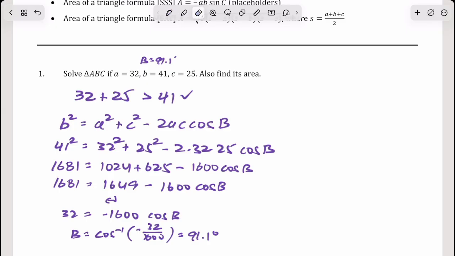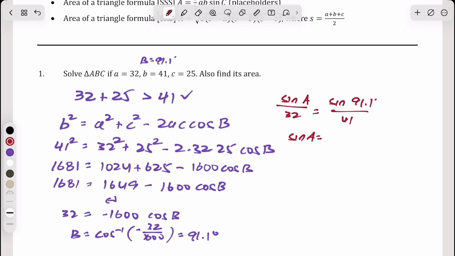And I'm going to use law of sines. Let's do that. All right, so sine of A, which I don't know, over 32 equals the sine of 91.1 over b, which is 41. So sine of A is 32 sine 91.1 over 41. A is the inverse sine of all that.